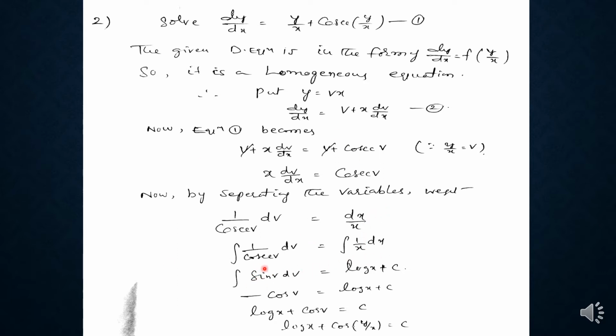That is, 1 by cosecant v means sin v. Integral sin v dv is equal to log x plus c. What is integral sin v dv? That is equal to minus cos v is equal to log x plus c. So log x plus cos v is equal to c. That is, log x plus cos of y by x is equal to c.